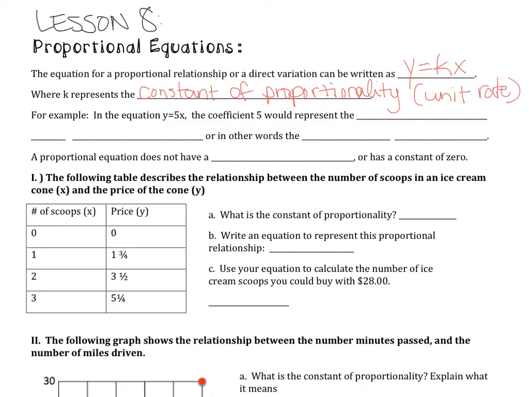For example, in the equation y equals 5x, the coefficient 5 would represent the constant of proportionality. Or in other words, the unit rate. Just hammering that in there.